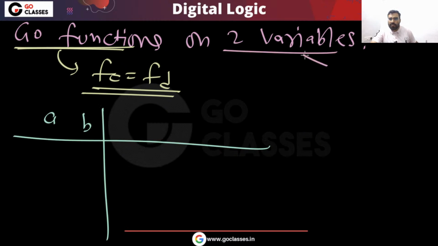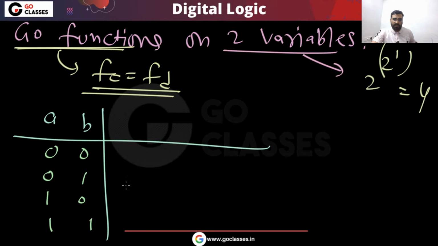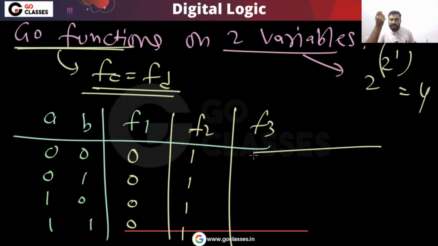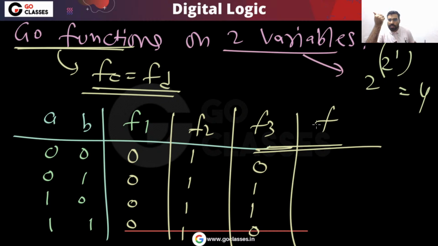So for two variables, what will be the number of go functions? That will be 2 power 2, so that will be 4. Total 4 go functions are there. 0 0 0 1 1 0 1 1. Every palindrome that you can create, like this is a palindrome.